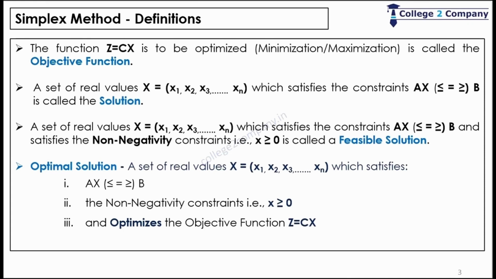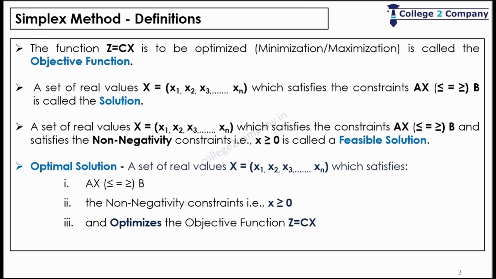And the next one is called the optimal solution. We know whenever it is optimization, it is maximum or minimum, but to do this we undergo the same conditions. We first of all have to have a solution, and that solution has to be a feasible solution, and then we attempt to either maximize or minimize the objective function.